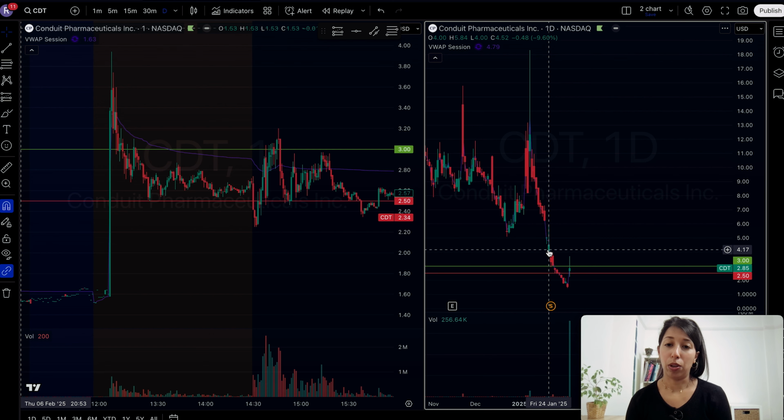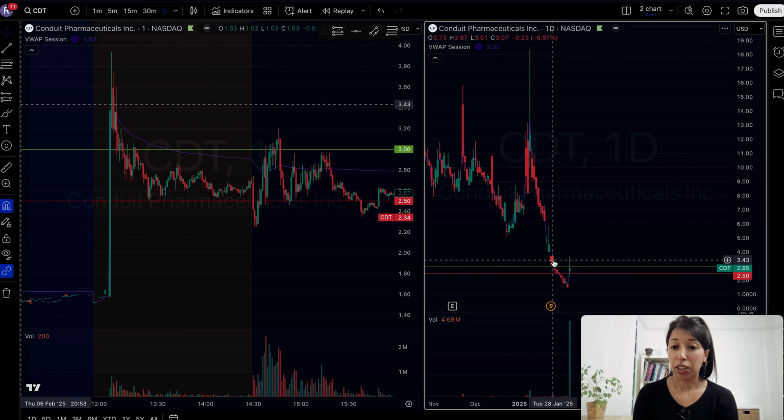So they were well under the $1 minimum price requirement to be listed on the Nasdaq. So it would have been in this kind of compliance period where they've got 180 days to get the price above the $1 mark.